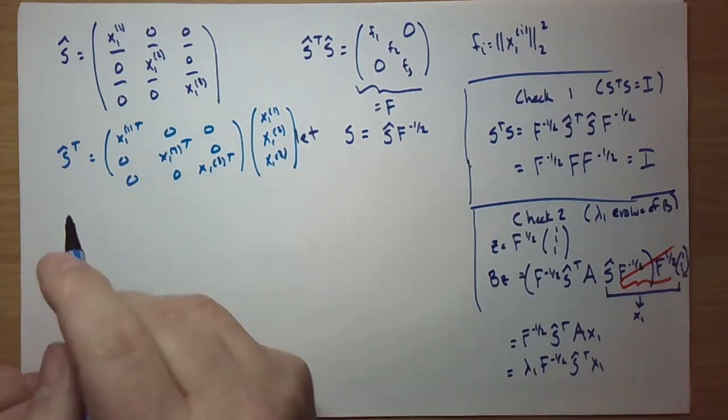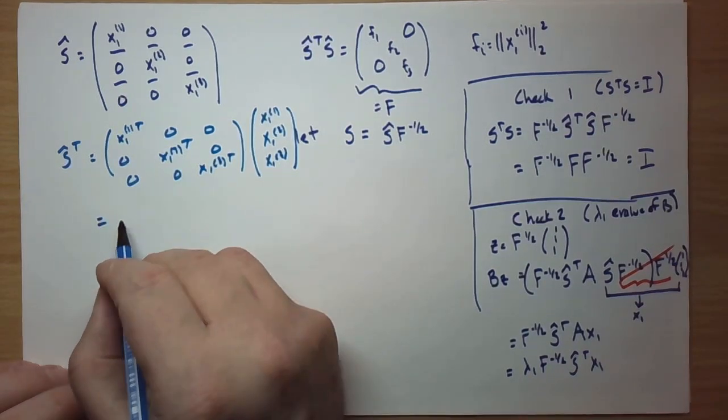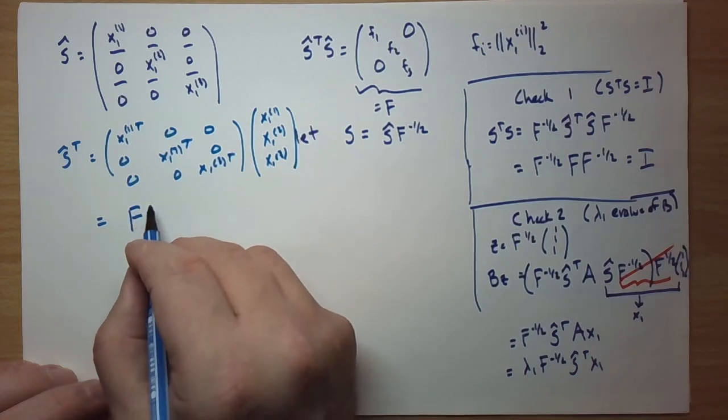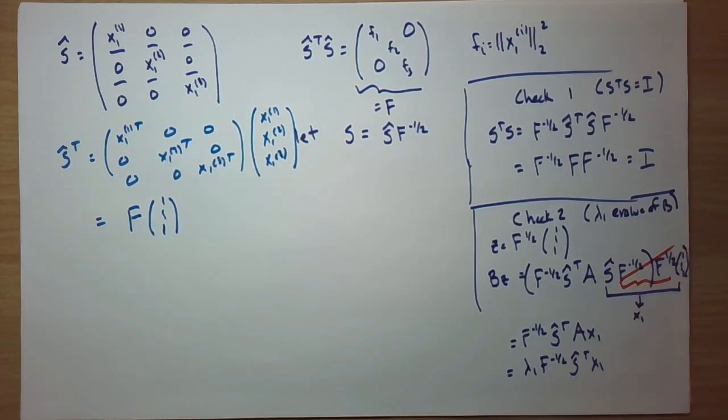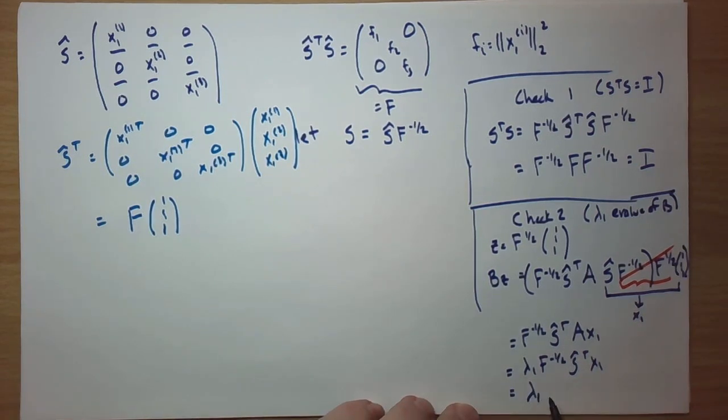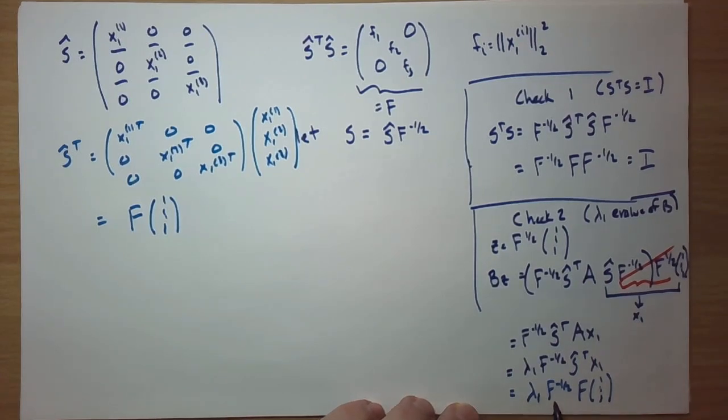In other words, this part right here is equal to what we've been calling F times all 1s. So this is lambda 1, F to the minus a half, F times all 1s. Well, F to the minus a half times F is F to the half. So that's F to the half times all 1s, which is Z.